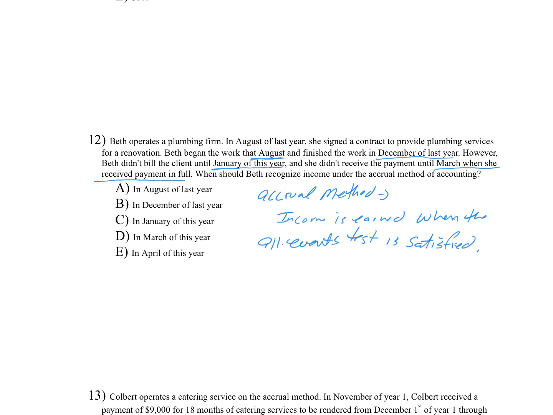So when the all events test is satisfied, so that's on the earliest of the date that the service was provided, the service is billed, or the payment received. Okay. So it's the earliest of 3 dates. All right.